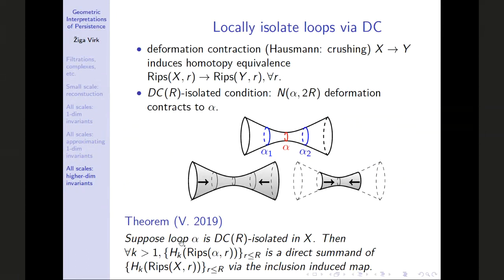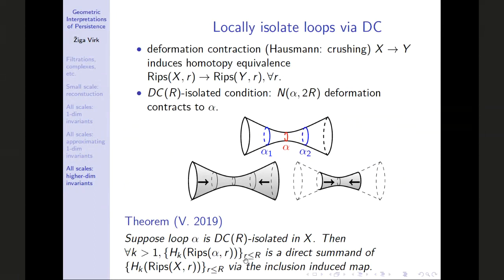The theorem is stated just for loops, but actually a more general formulation holds for anything. There are only a couple of things I want to mention. This one only works for k being the dimension larger than 1 if we have loops. And it does not work for all scales.